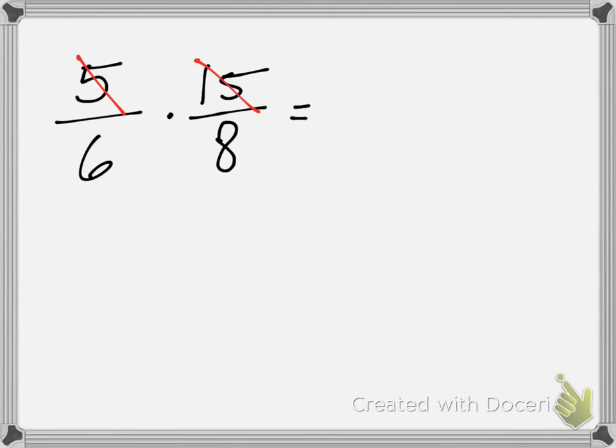I know the GCF is 5. So this is going to become a 1 and this is going to become a 3. And I'm going to get 3/48ths. Bing, bam, boom, done, right? No! What? But I thought I did it right. What did I do wrong, you guys? You guys are making me all confused. What did I do wrong?